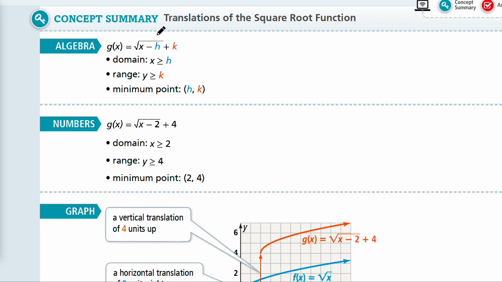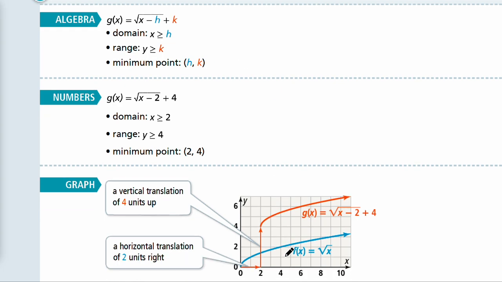And if your whole function is changed by k, then that is your range. So the domain is going to be moved to greater than or equal to h. The range is going to be moved from 0 to greater than or equal to k compared to your parent function. So your minimum point is obviously (h, k), where your root function starts.